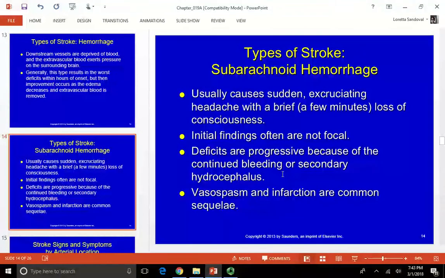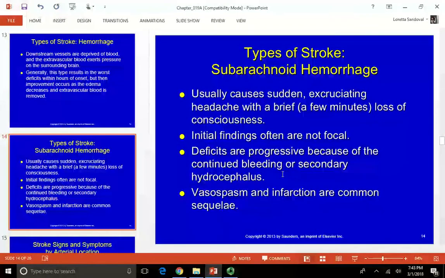So a subarachnoid hemorrhage causes a sudden excruciating headache with often a brief loss of consciousness, brief meaning about a few minutes. The initial findings are often not focal, meaning it's spread throughout the subarachnoid space, that hemorrhage, that bleeding. Deficits are progressive because of the continued bleeding or secondary hydrocephalus.